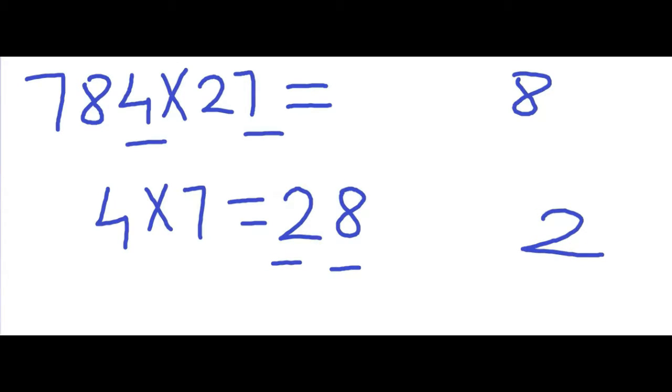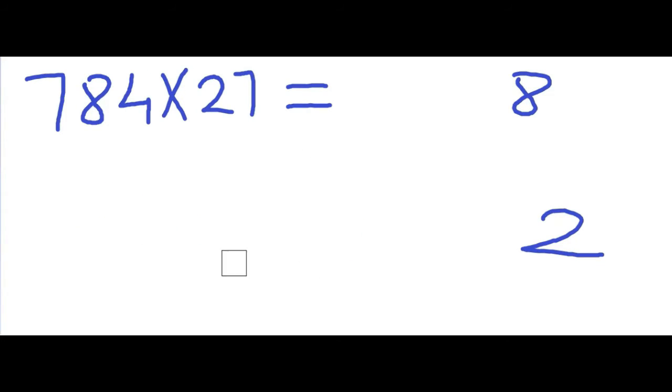So move to the next step. In the next step we will consider the last two numbers from both numbers, means consider 84 and 27, and do the cross multiplication, means multiply the 8 to 7 and multiply the 4 to 2.